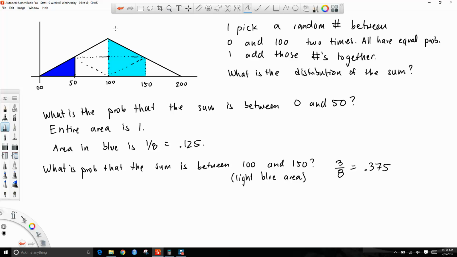And so this is the idea of a probability distribution. Are we okay with this?